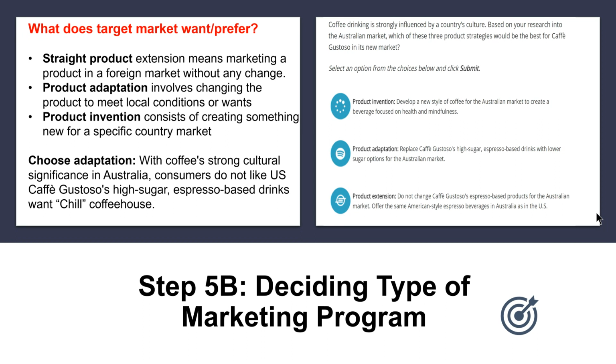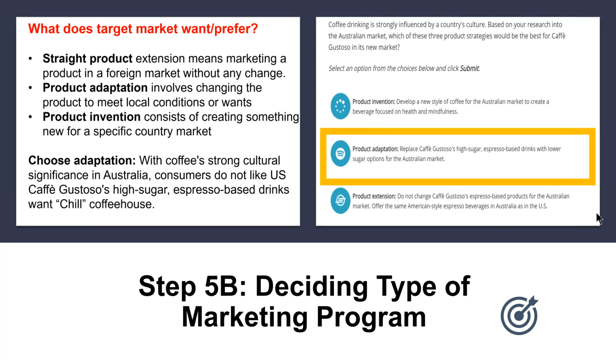They want a chill type of coffee house with organic products. So would you choose a straight product extension, meaning you're going to market and then actually just send the product and be exactly like the United States? Are you going to adapt your product, or are you going to invent something new? In this particular case, we actually have to adapt.